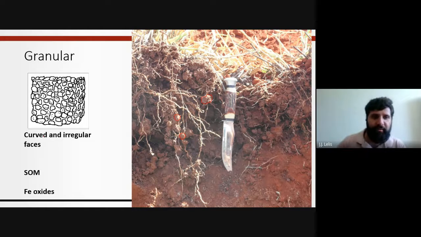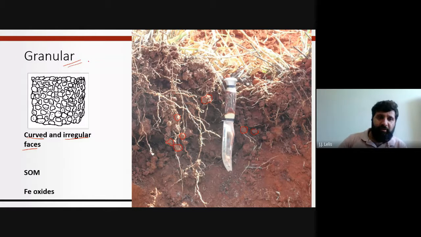So we can see some bodies that have curved and irregular faces, like this. You can see some curves and irregular faces. So this material is described as a granular structure.